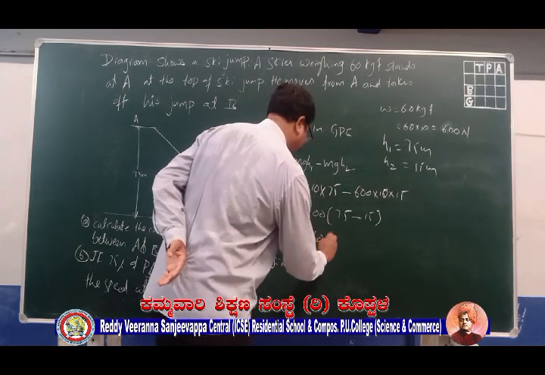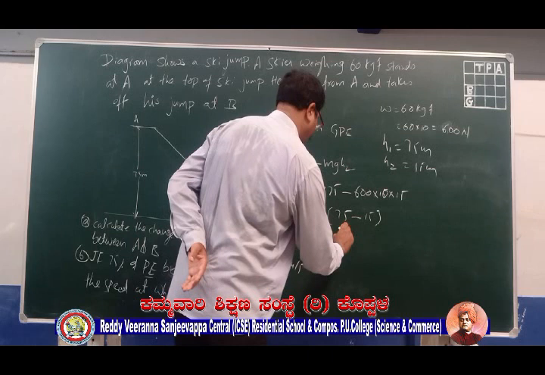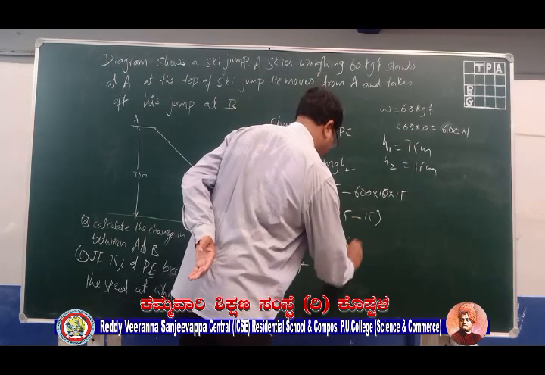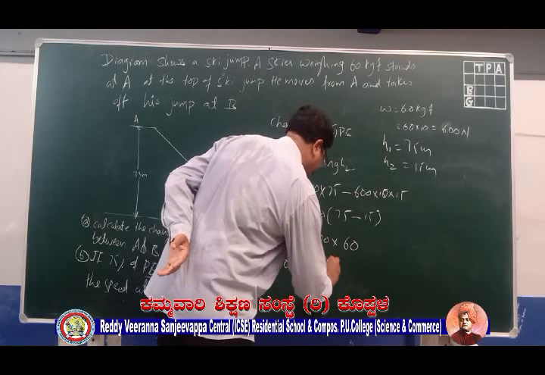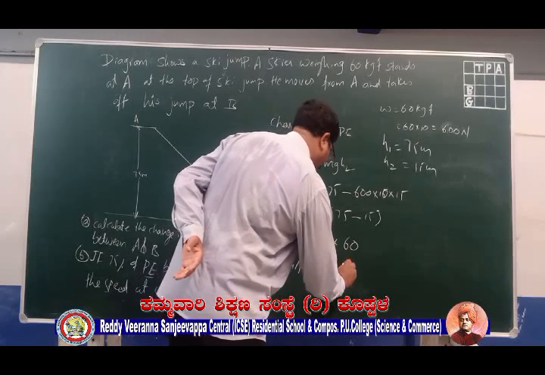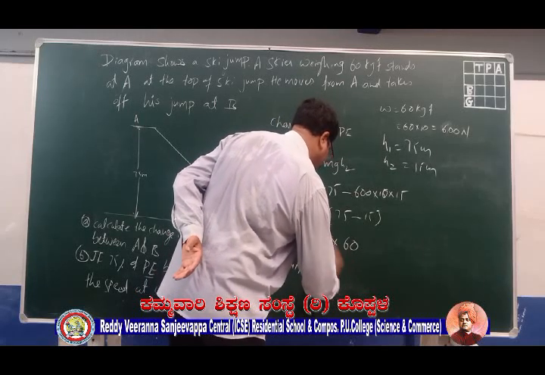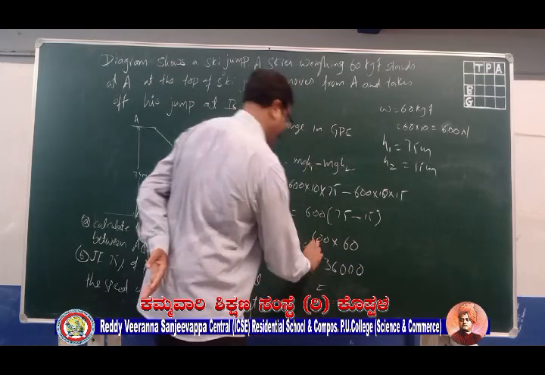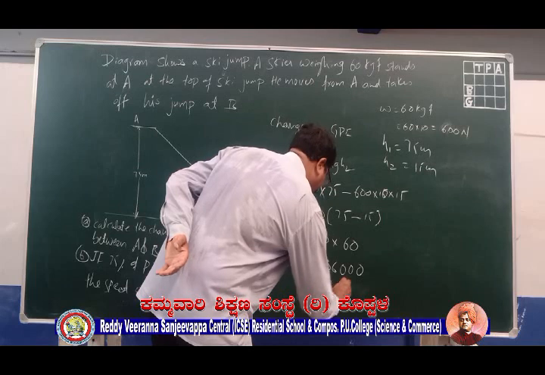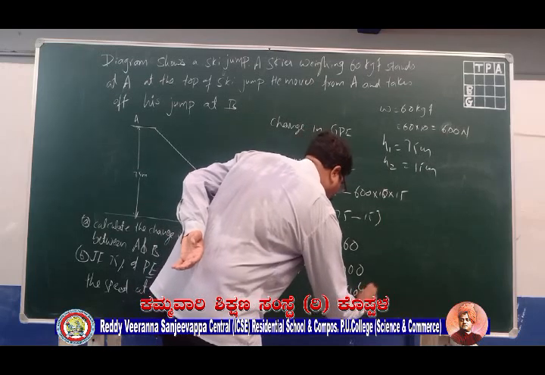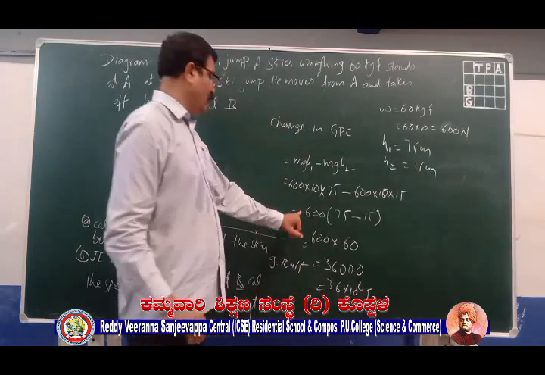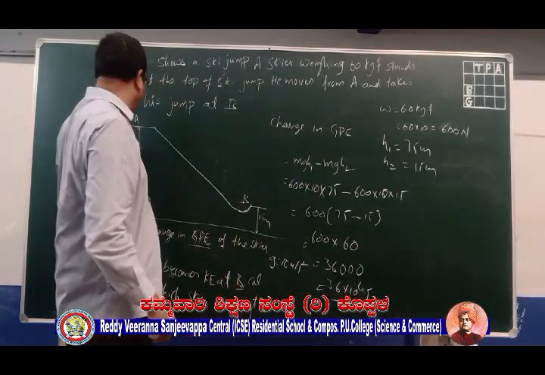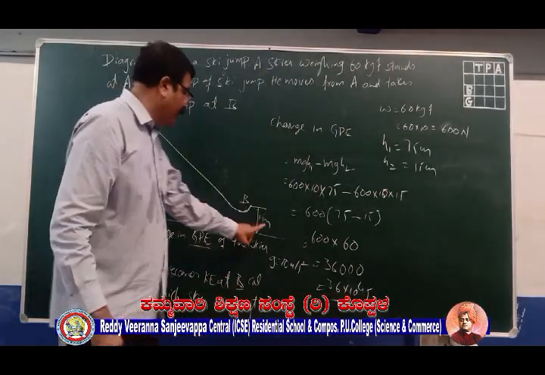So 600 into 60, that is 36, followed by 1, 2, that is 3.6 into 10 to the power of 4 joules. So this is the change in potential energy when it is running from here to here.